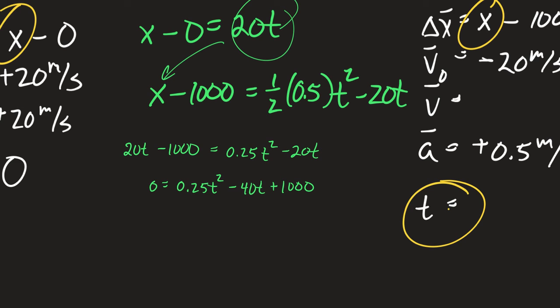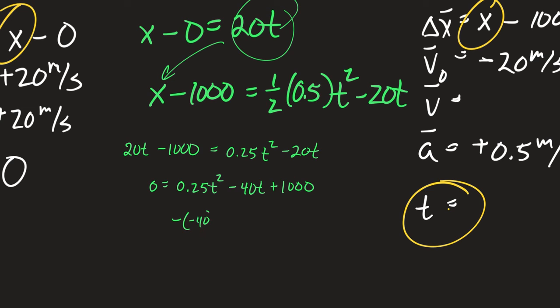I don't know if this factors, so I would probably resort to using the quadratic formula or a calculator. You guys understand that your calculator has the capacity to solve a quadratic by just punching it in. You can use the graphing functionality to get the roots of an equation. But I'm just going to do it the good old-fashioned way.